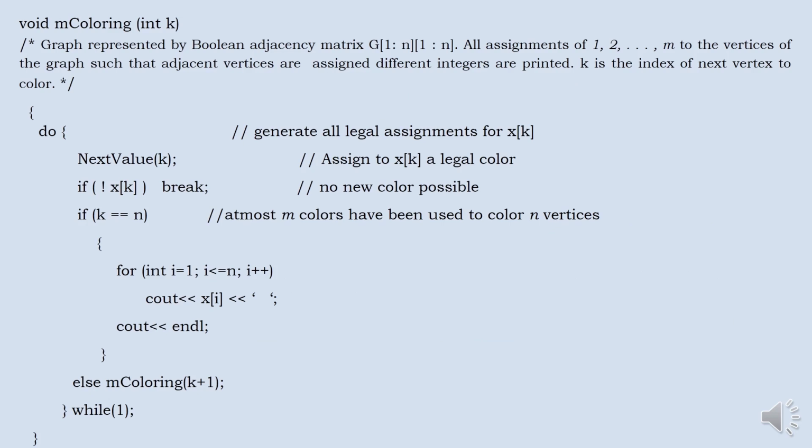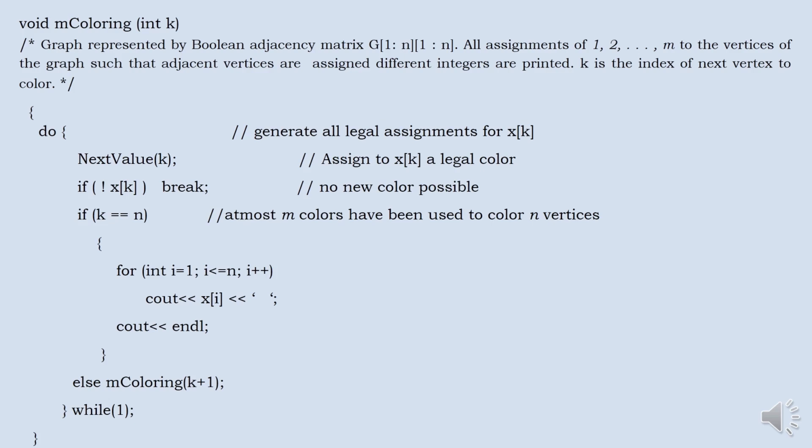Coming to the mColoring function, we have this function with one argument, that is k. So k refers to the vertex which we are trying to color. We are going to call this particular function having initialized the adjacency matrix G and making the assignments of the solution, that is x1, x2, etc. to 0.